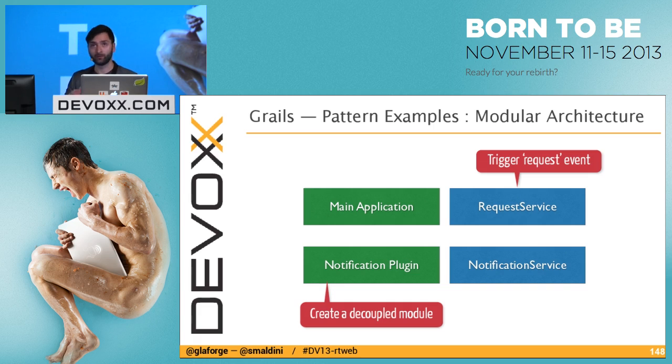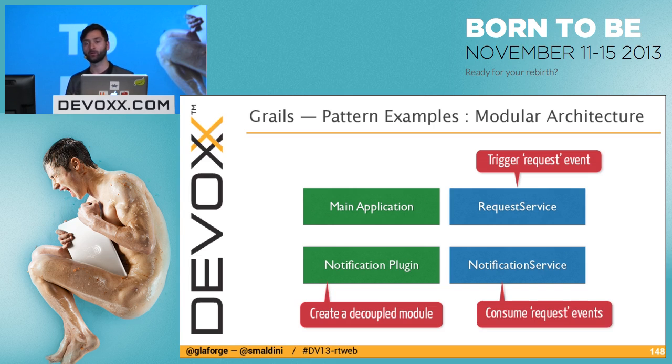You have a different lifecycle, a different team working on this plugin. It's a really true segregation at this stage. And this decoupled module is going to consume request events. It doesn't matter, it's a plugin. It doesn't depend on the Grails application. It's just a plugin listening on these events. And that's it. You have this decoupling.